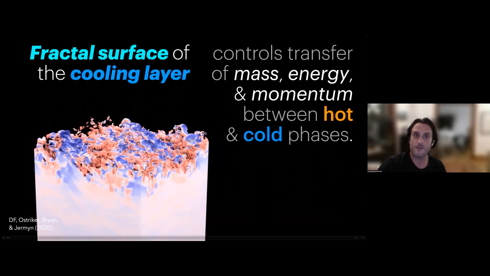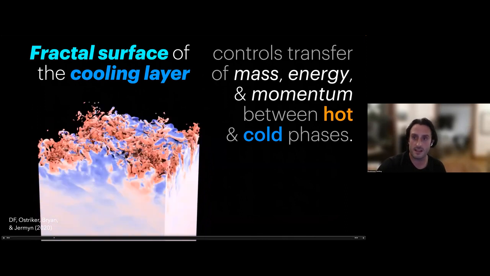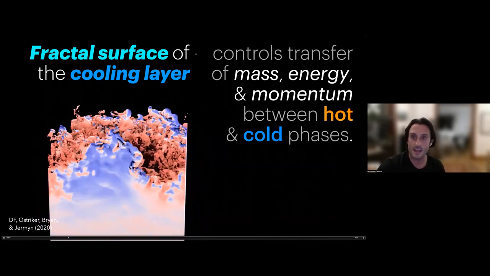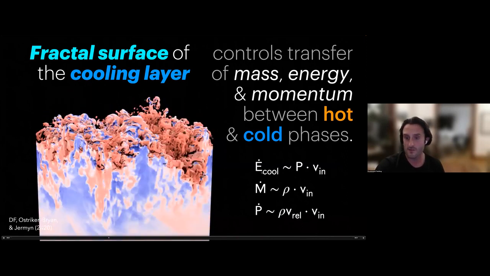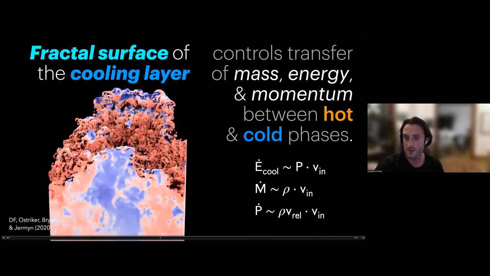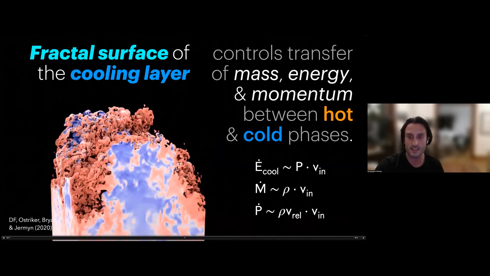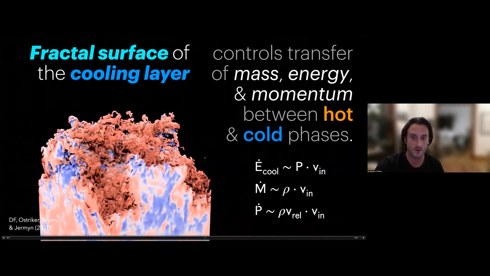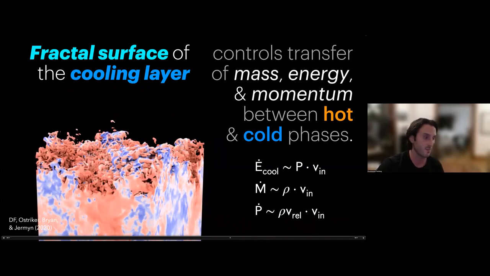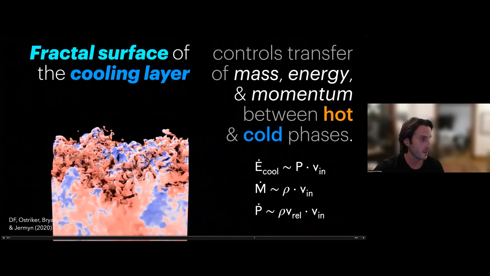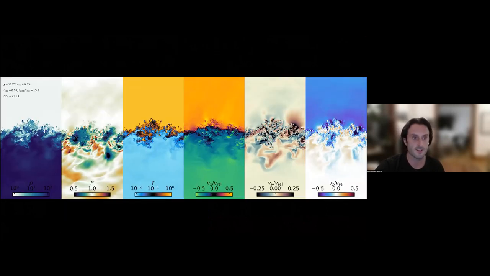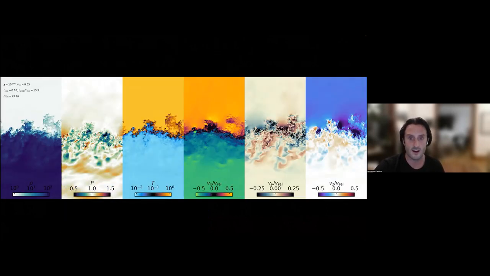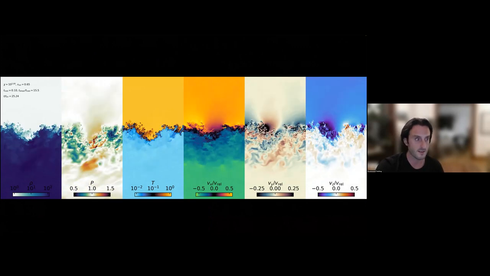And so it's really this fractal surface, which I'm visualizing here, that controls the net transfer of mass, momentum, and energy between the phases, where the cooling is just the enthalpy times this inflow, the mass flux is the density times this inflow, and the momentum flux is the momentum times this inflow. So there's a whole second part of the talk, which I'm not going to even bother to show, but I'll end there and maybe take a few questions.